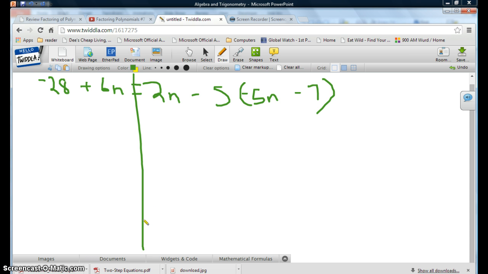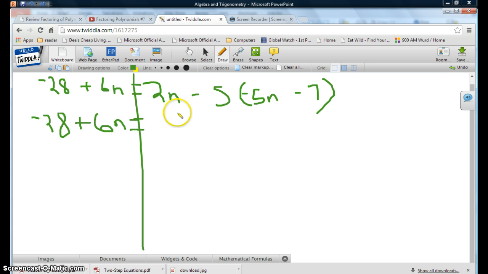The first thing you want to do is look on one side of the equation. Can I combine or simplify any of this? And I cannot. So minus 28 will just stay the same, plus 6n. It's going to stay the same, and bring my equal sign over.